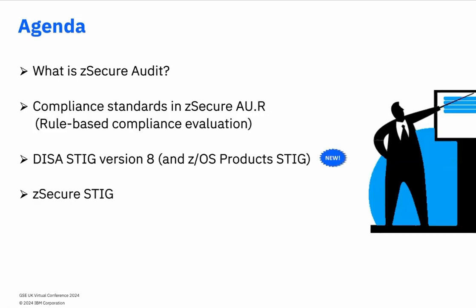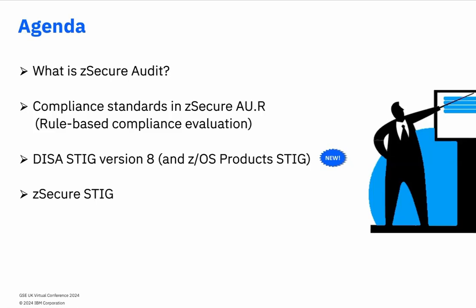Then we also wrote and implemented a specific STIG for zSecure. This is now also available for those that have zSecure installed and need to be compliant or would like to make sure that they have safely installed and secured the product.